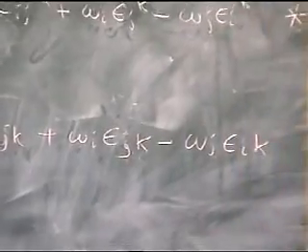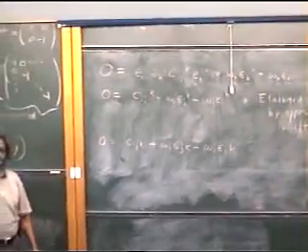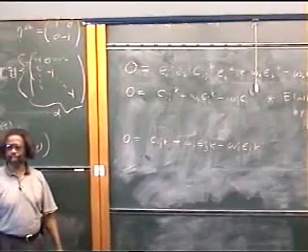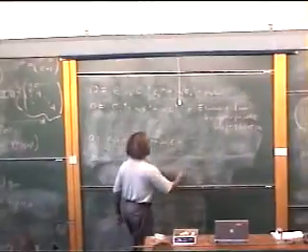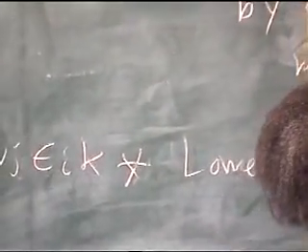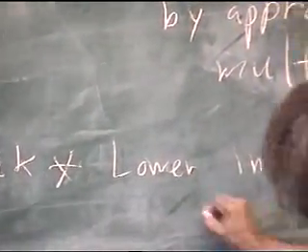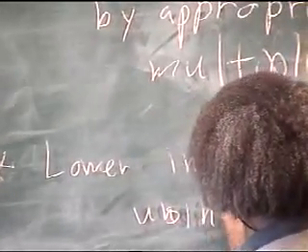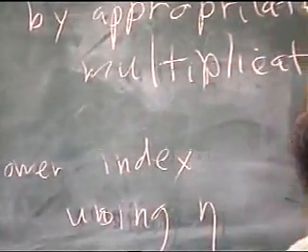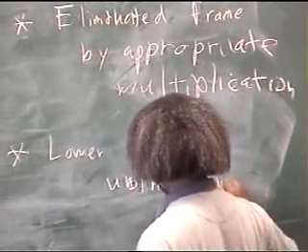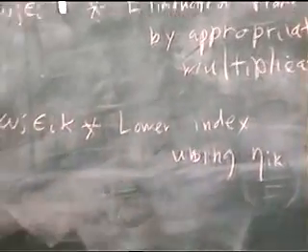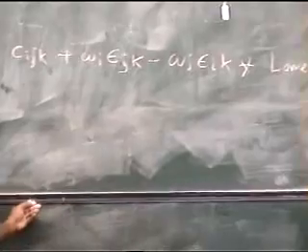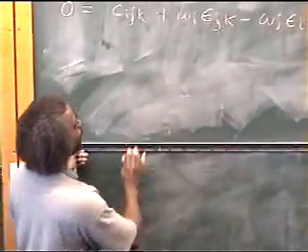The next step is rewrite this equation 2 more times, changing the order in which the indices appear in a cyclic manner. So here at this stage, we lowered the index using eta. And in fact, let me put the indices so we know which eta. We didn't use eta mu nu, we used eta ik or ij.